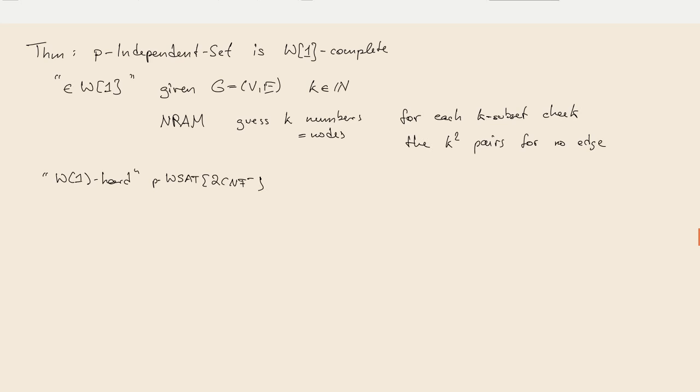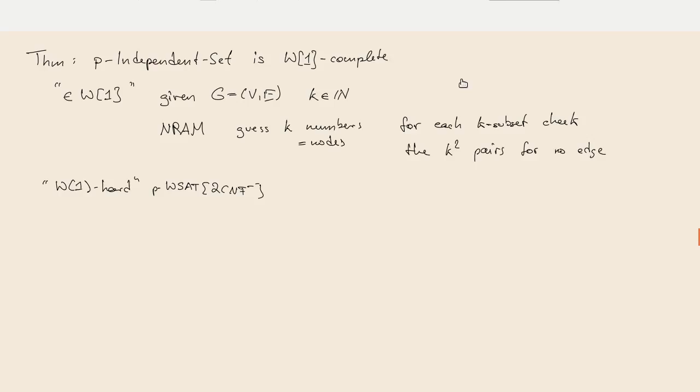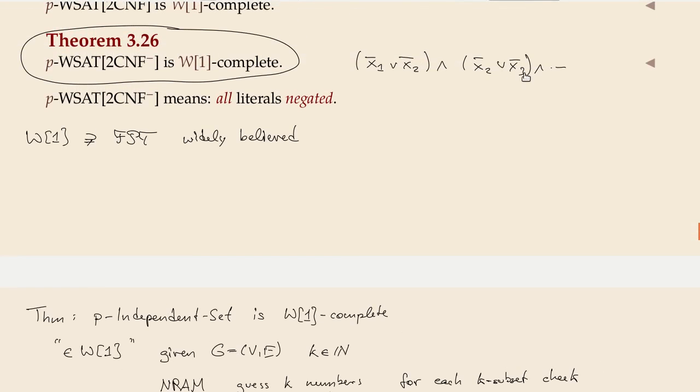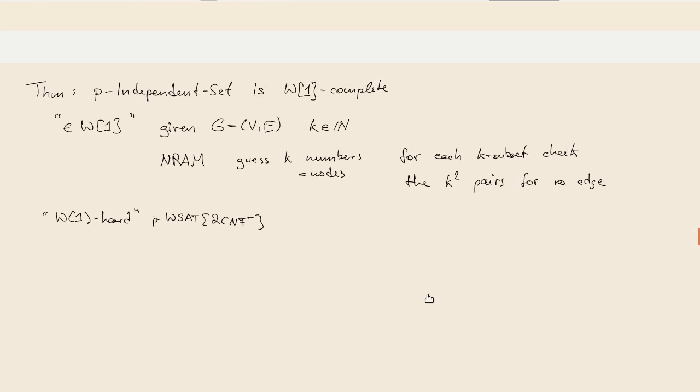If you have only negated literals, people call such formulas anti-monotone, because essentially whenever you make one more variable from 0 to 1, the formula goes down in a sense, so fewer of these literals are satisfied.